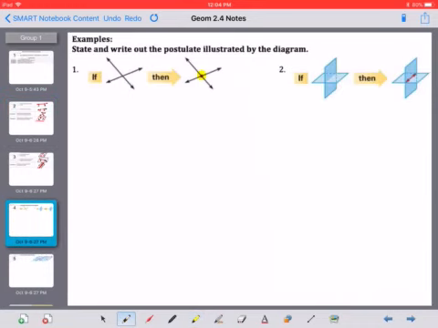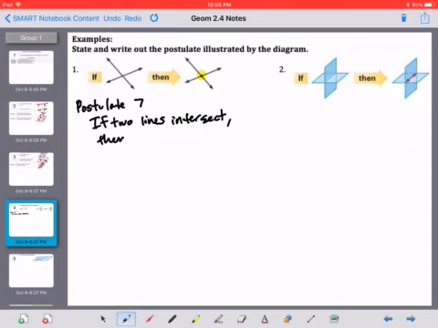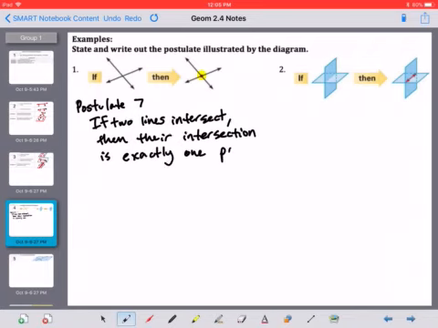So we're going to say postulate 7, and write it out: if two lines intersect, then their intersection is exactly 1 point.